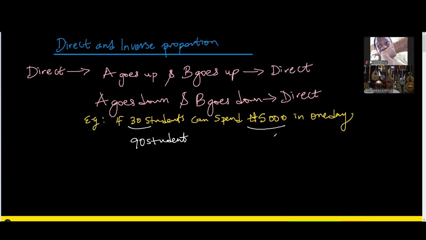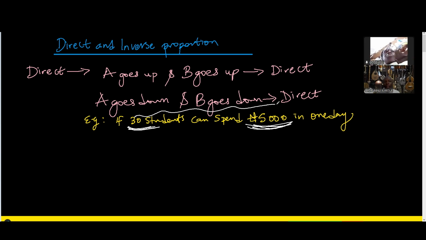Unmute yourself and answer the question. The two things we are considering are the number of students and the money spent. 30 students spent 5,000. Is that clear? If the number of students should go up to 90 students, what will happen to the money?